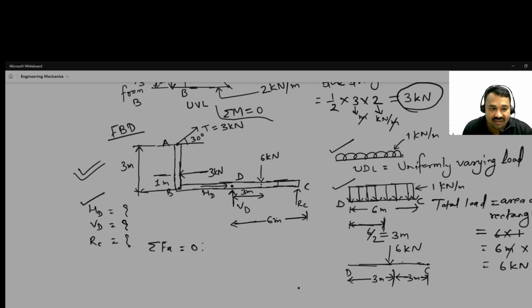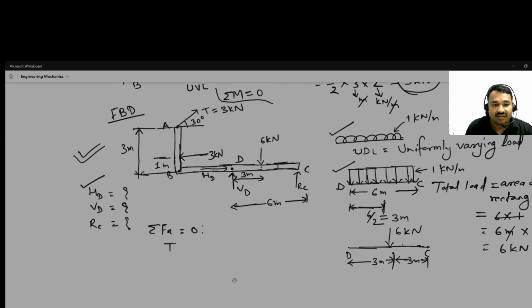Okay, that is required for the motivation. So this one, T is inclined by 30 degree, and direction is positive, that's why T, and inclined with horizontal axis, that's why cos 30.